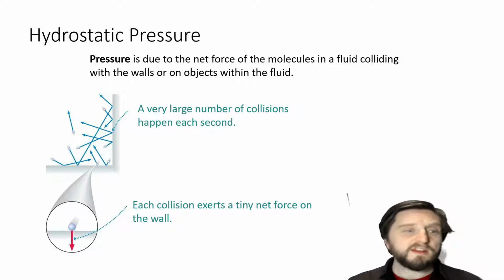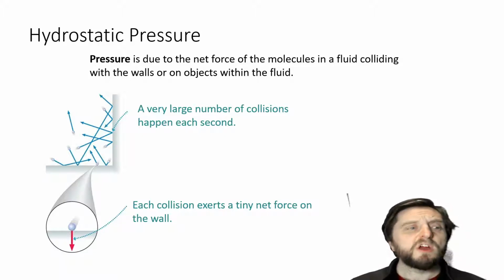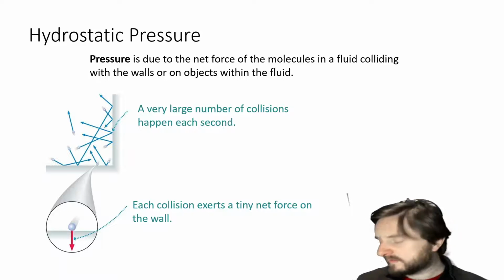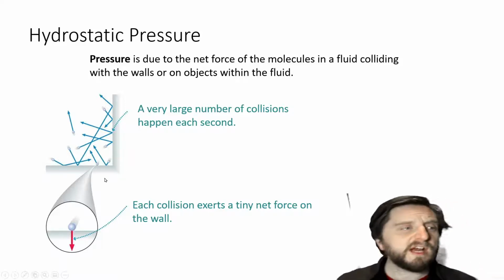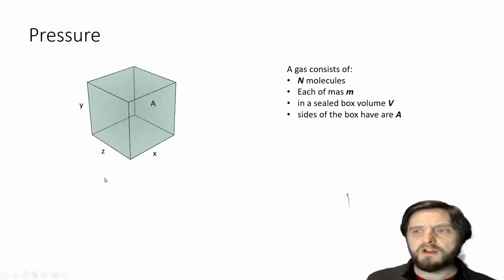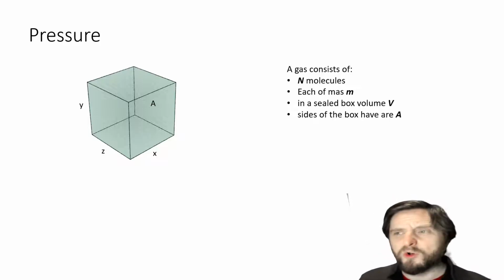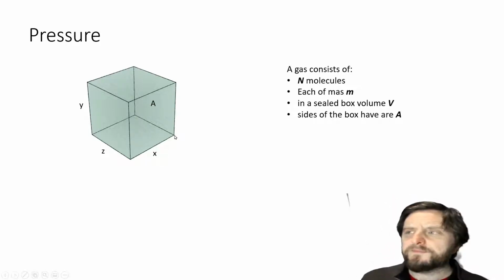So by looking at that momentum change, we can try to work out what that force would be in any given situation. So let's look at a simple setup here. I've got a cube or a square box, a cube box, in 3 dimensions, x, y, and z.